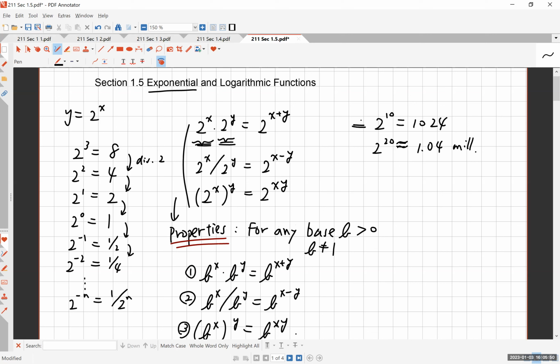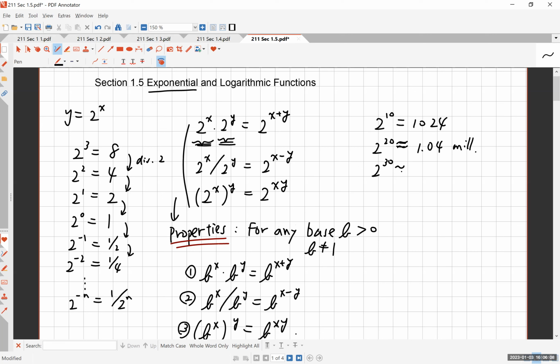On day 10, you are going to have $1,000. Great, you can go buy a few things. But if you wait for another 10 days, on day 20, you'll have $1.04 million.